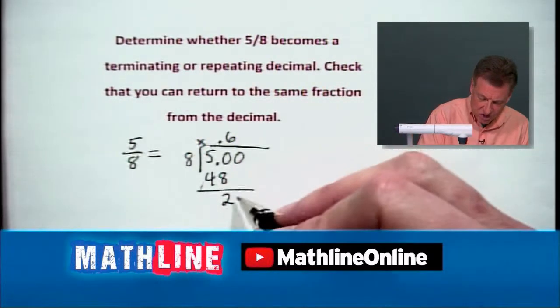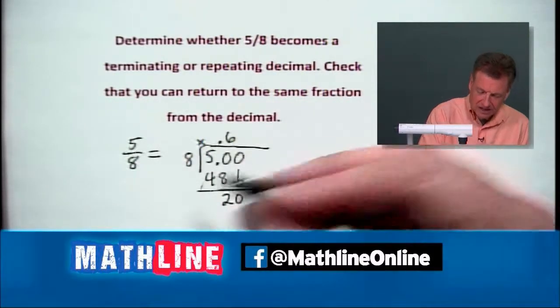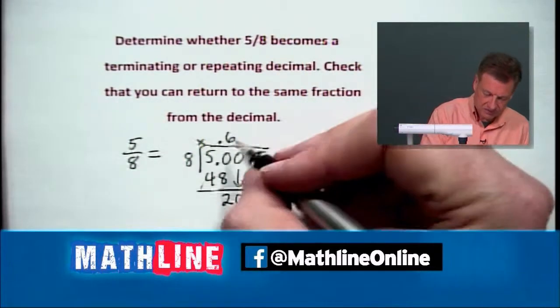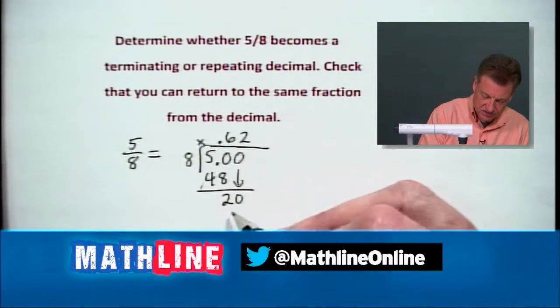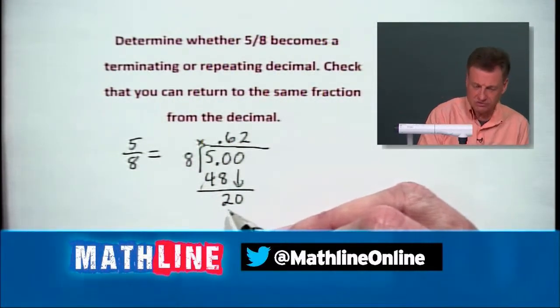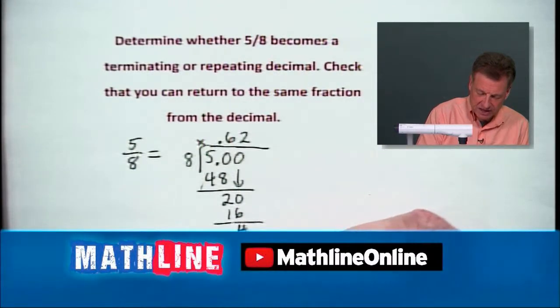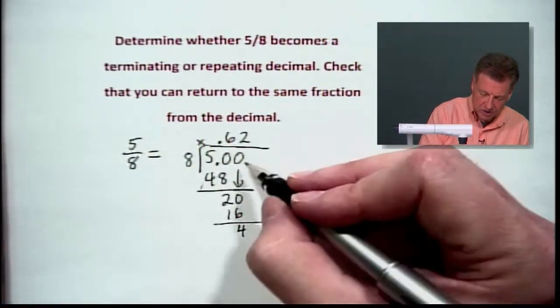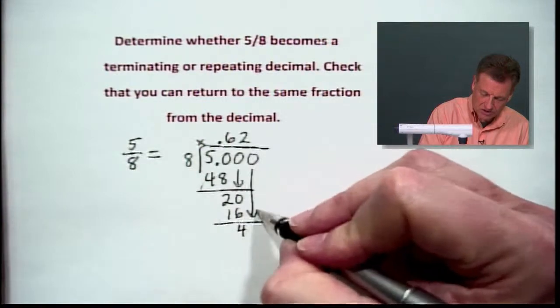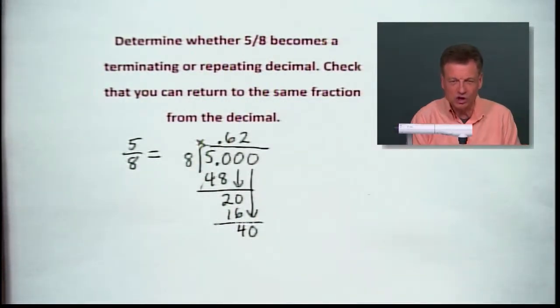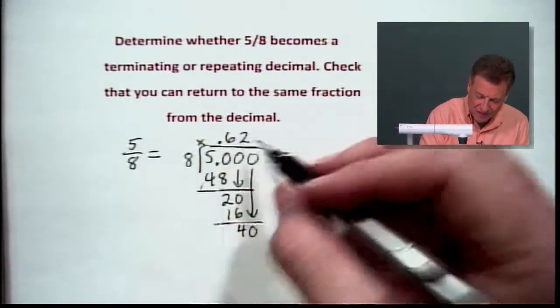Now, bring that 0 down, straight down. 8 goes in there, what, 2 times? 2 times 8 gives us 16. Everybody got those times tables? Subtract. How about a 4? And bring one more 0 down. I told you, looks like it's going to terminate. Well, it did earlier, didn't it, when we put it in the calculator, so it should now.